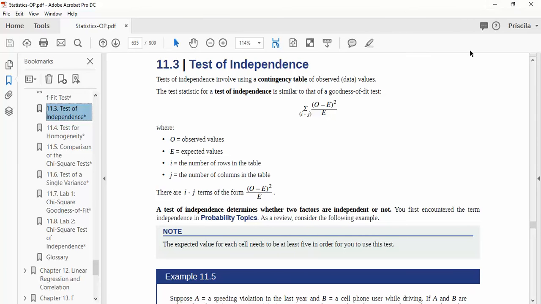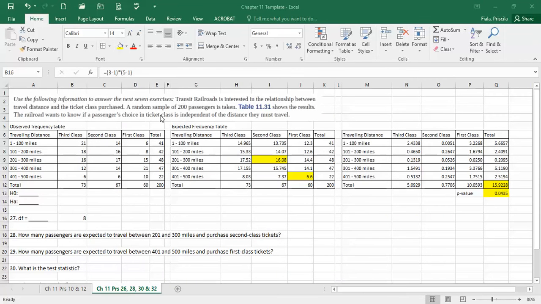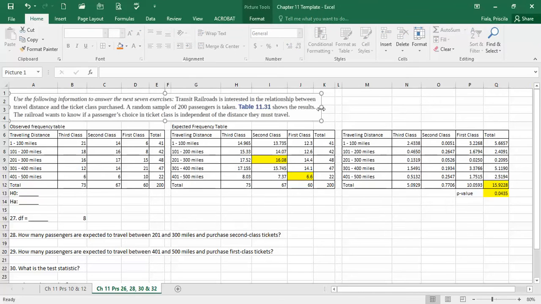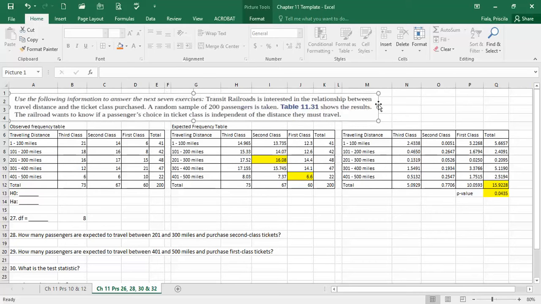Now that I actually read the problem and solve it, right here it tells you the railroad wants to know if a passenger's choice in ticket class is independent of the distance they must travel. Therefore, it is a chi-square test of independence.